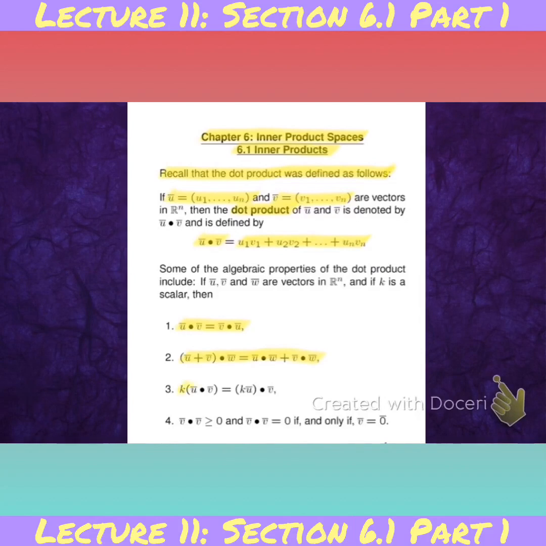Then we also had the scalar multiple property, where if you take a scalar multiple of a dot product between two vectors, it is the same as taking the scalar multiple of the one vector and taking the dot product with the other vector. And then we also had that the dot product of a vector with itself is always bigger than or equal to 0. And the only way that the dot product of a vector with itself is 0 is if the vector itself is the 0 vector.